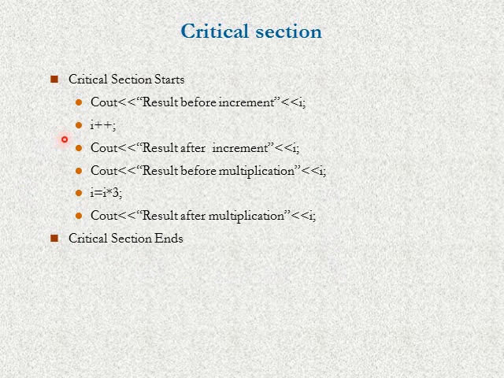In the meanwhile, the first thread now prints the value after the increment. You can see the discrepancy that is going to arise: before the increment the value may be 1, but after the increment the value will be the result of the increment as well as the multiplication operation.